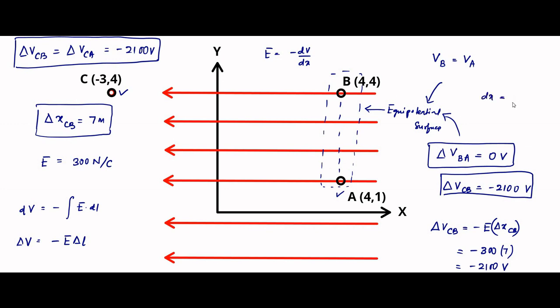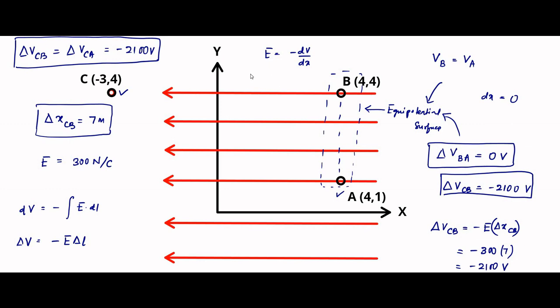There is no change of electric field. So they are along the same line in the perpendicular direction, so they are at the same potential. There is no change in potential between these 2 points.